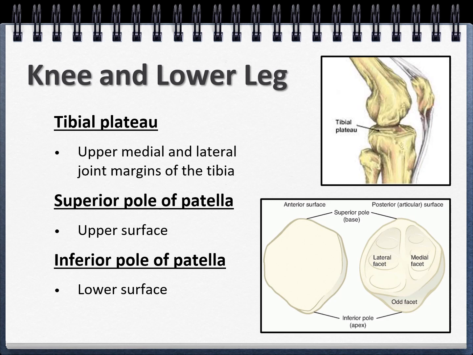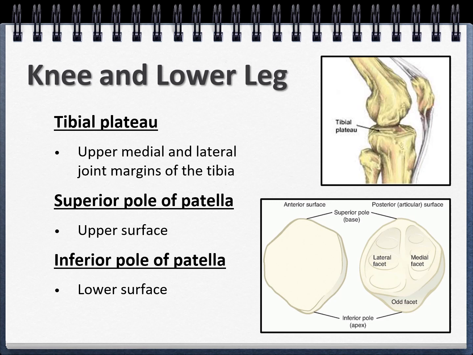And then we've got the patella. So we need to understand that there are superior and inferior poles of the patella. The superior pole is, as it suggests, the upper surface of the patella, and the inferior pole is the lower surface of the patella.